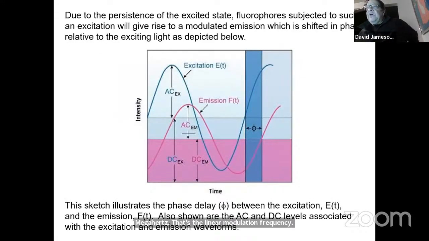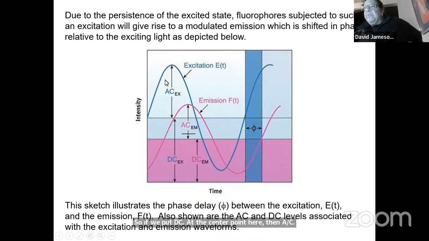Okay, so this shows it a little bit better, perhaps. Imagine the sinusoidal excitation. It's characterized by a certain frequency of repetition, but also by what we call the modulation, the AC-DC ratio. If we put DC at the center point here, then AC is how high we go above it or below it.